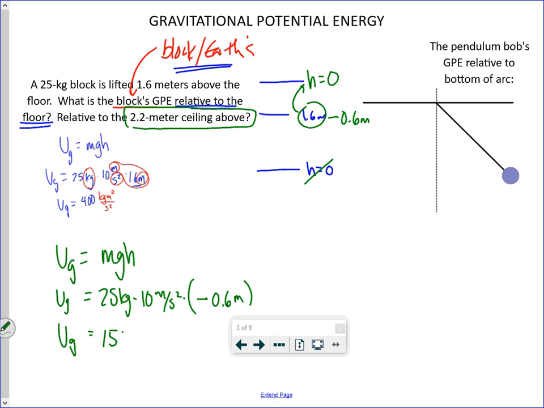Of course it's 150 kilogram meters squared per second squared. Oh, but it's negative. Yes, it can be negative. Negative meaning below where we've called 0. That's okay, nothing wrong with that. So look out for these words: relative to. Relative to means set height 0 at.